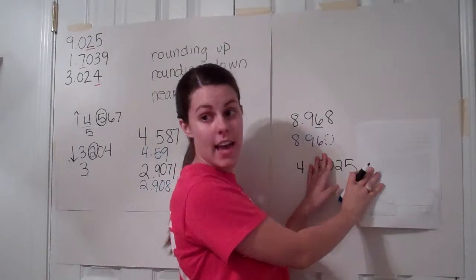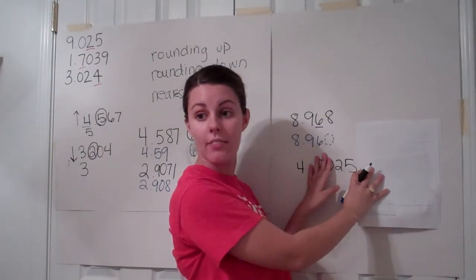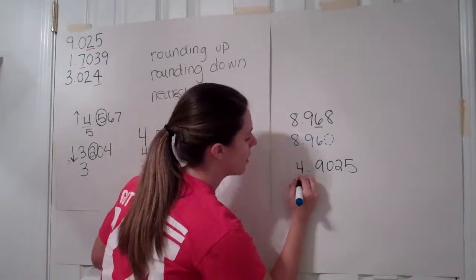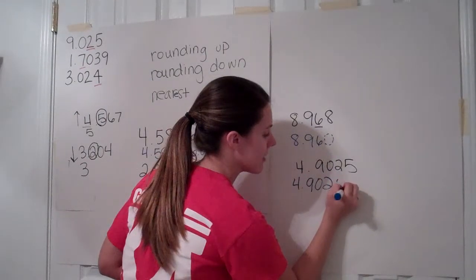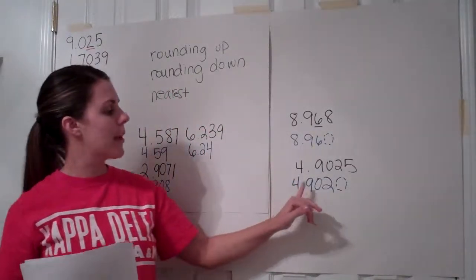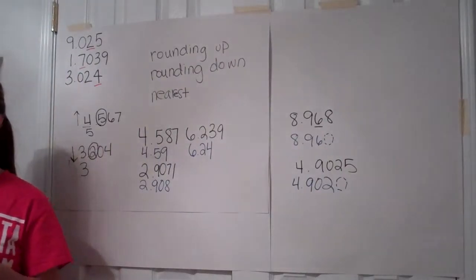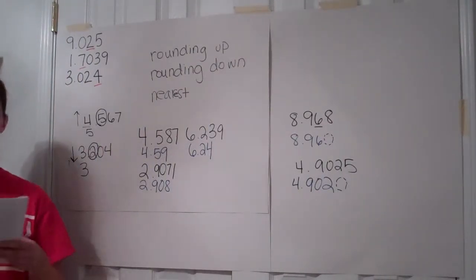If we're counting by tens, what ten comes before 25? 20. 20, good. So we're going to round to 4.902. We're going to pretend we have an imaginary 0. So our 25 went down to 20. So we have 4.902. Good job.